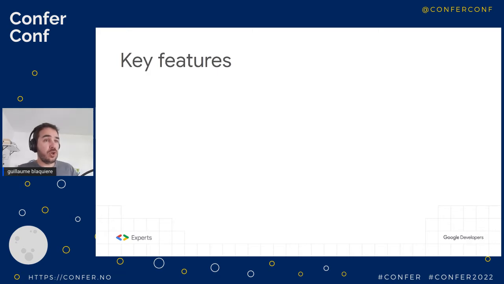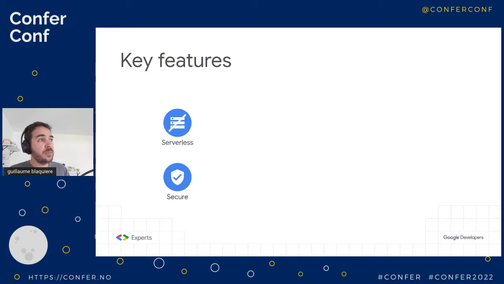What are the key features of Cloud Build? You have many features, but for me, the most interesting thing is serverless. What does serverless mean? That means you have nothing to manage. You only have to use Cloud Build. You have nothing to install, nothing to update, nothing to patch, nothing to back up. All this stuff is managed by Google Cloud for you, and you are simply a user of the platform.